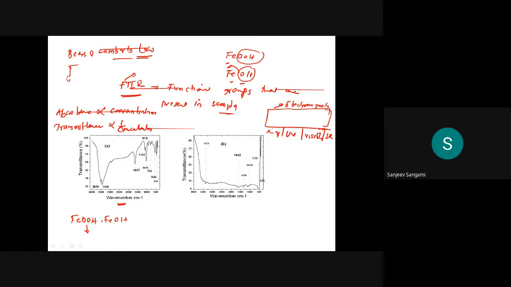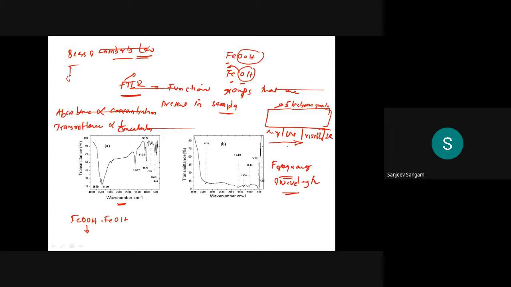Two things have to be kept in mind: frequency and wavelength. Normally the wavelength will decrease as it moves from left to right, and the frequency will increase. These two are reciprocal.